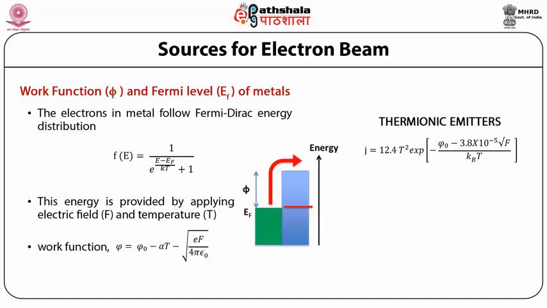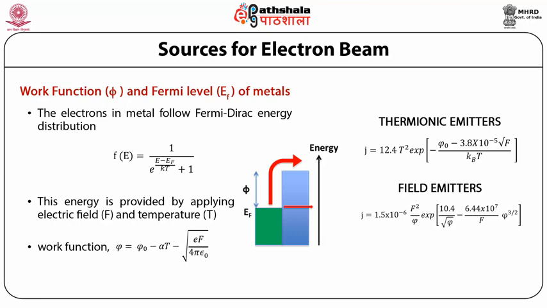The second type of emitter is field emitters. It takes advantage of quantum mechanical properties of electrons. Electrons tunnel out when the surface barrier becomes very narrow.